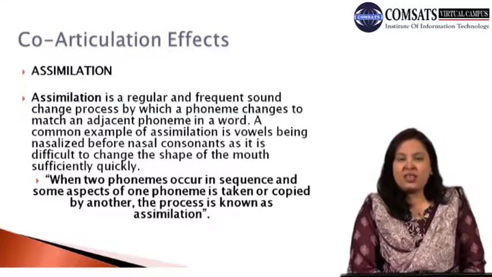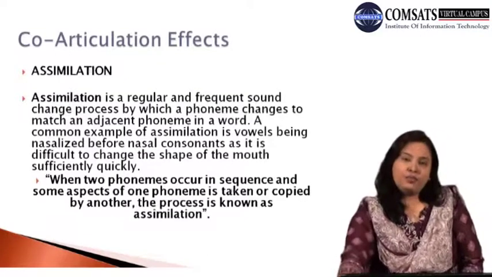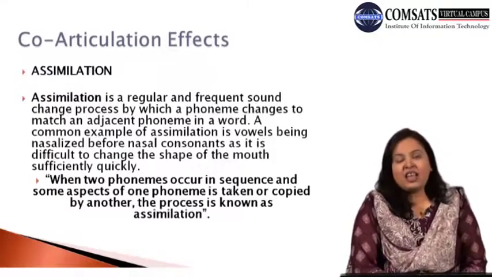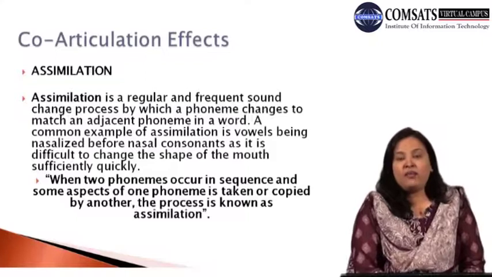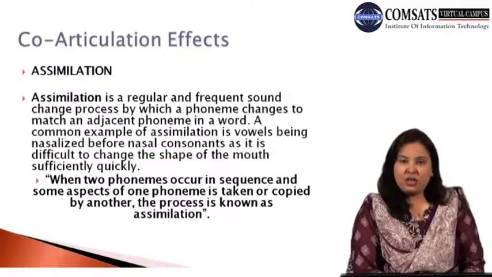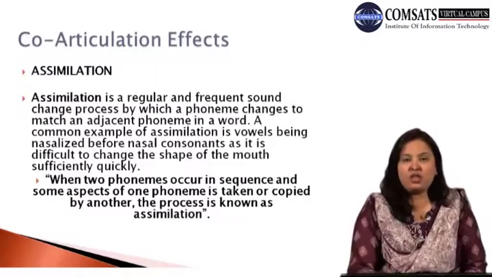So this effect is known as assimilation. Now assimilation is not of only a single type. There are different types of assimilation. Now let's study what these different types of assimilation are.